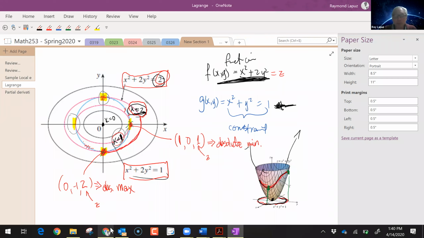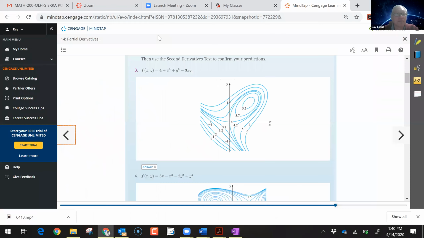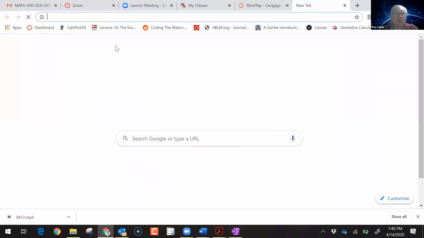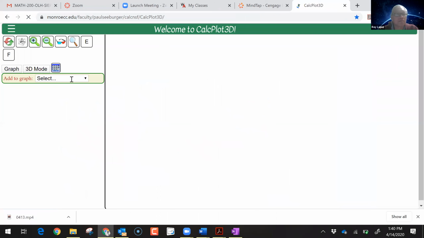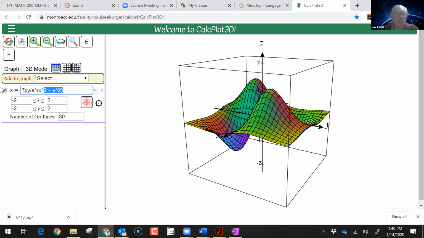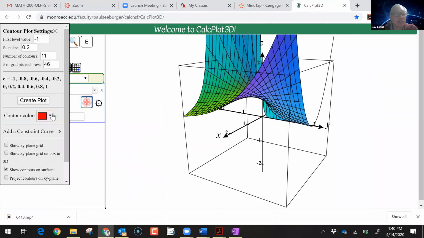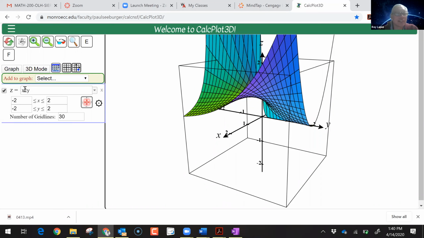Although the levels might be, there's this one graph that I was working on. Let me plot it with CalcPlot 3D. Just X times Y. And if I were to plot this using level curves, there you go.